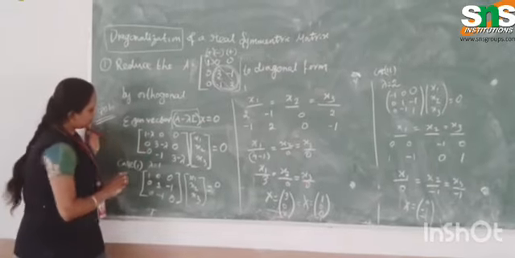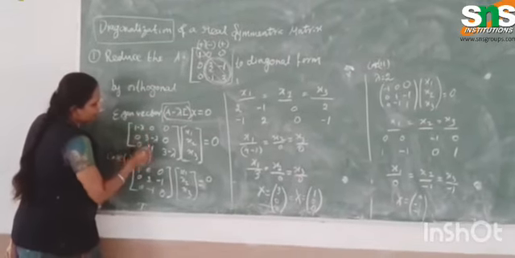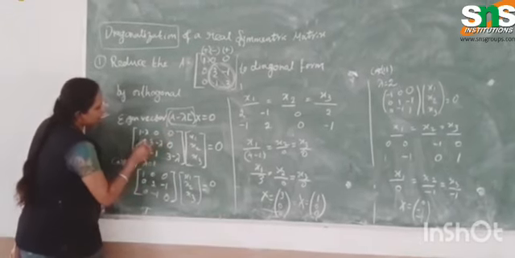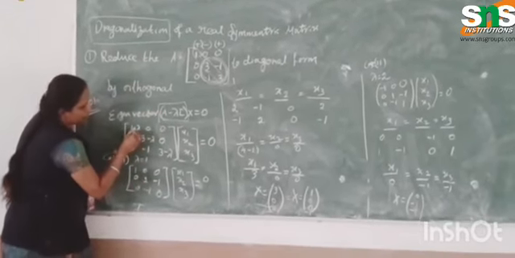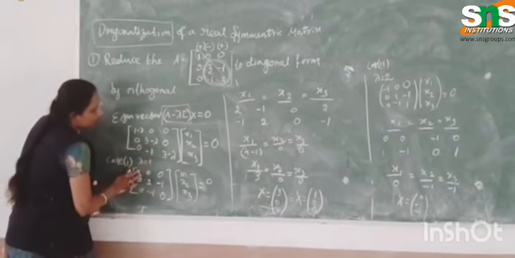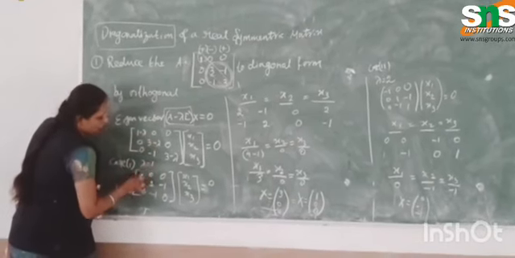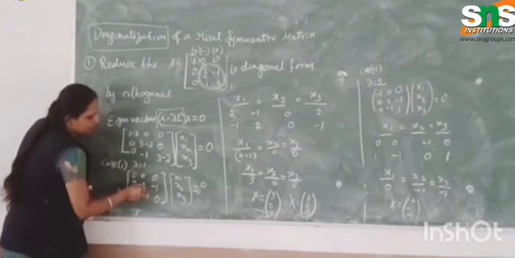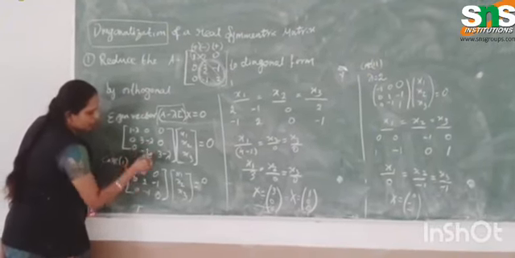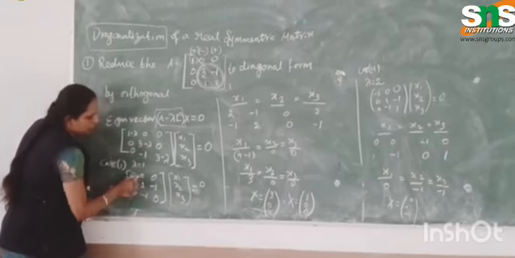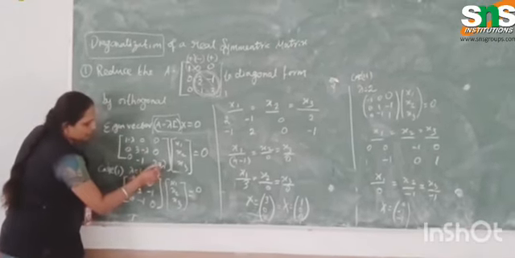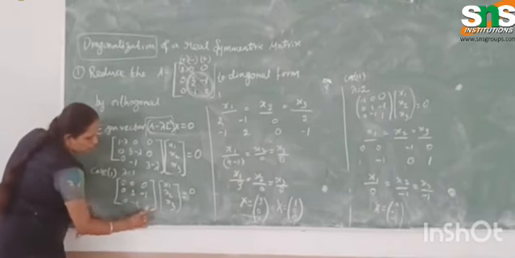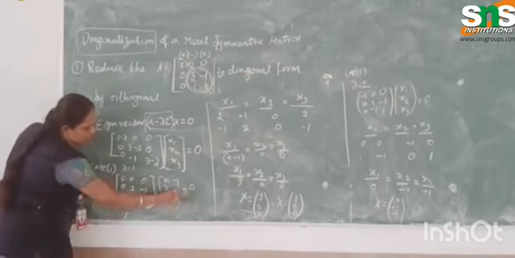Subtracting, 1 minus 1 is 0, 3 minus 1 is 2, and 3 minus 1 is 2, with x1, x2, x3 equal to 0.